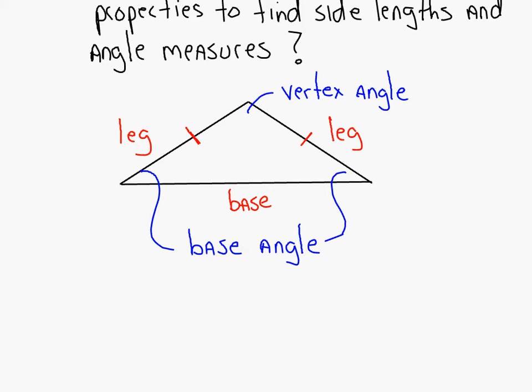In an isosceles triangle, if you've got two sides that are congruent, then the angles opposite those sides are also congruent. So these base angles are congruent.